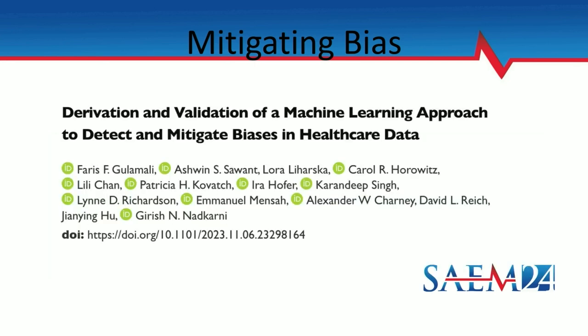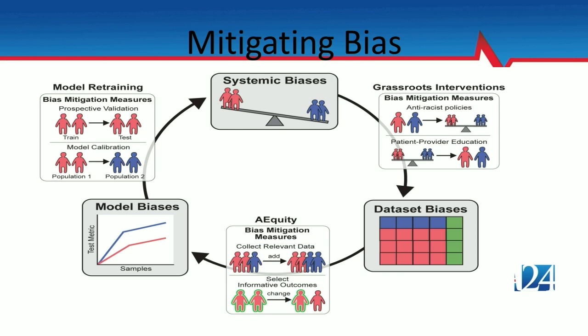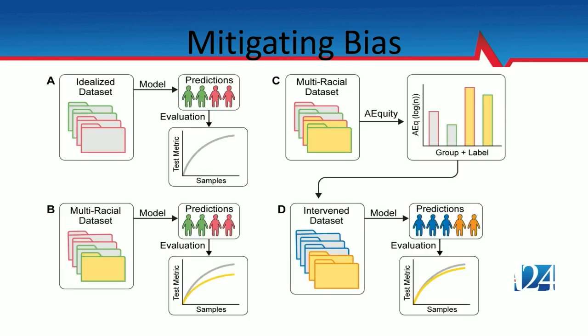And last but not least, this was a study that looked at, okay, so we have a model. It is being biased. How do we go out and fix it? And this was in a model called aequity. They oversample when they know that they have an undersampled group for specific metrics to fill in those gaps in the model. And then what they're hoping to do is, when you start with essentially a discrepancy like this, through the oversampling, bring the bias metrics basically in line with each other.